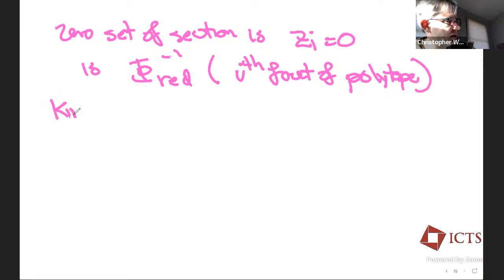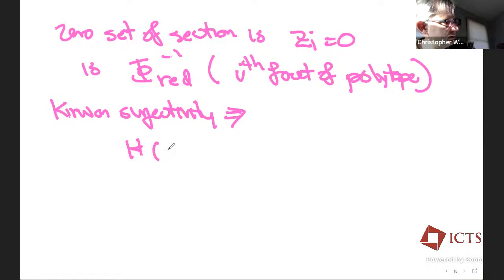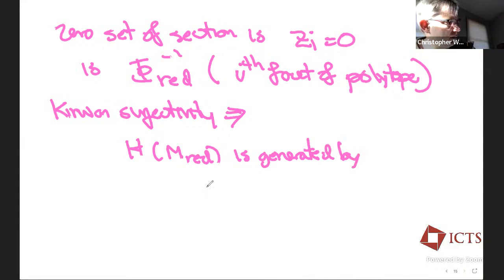So Kirwan surjectivity tells you that the cohomology of M red is generated by the inverse images of the facets.